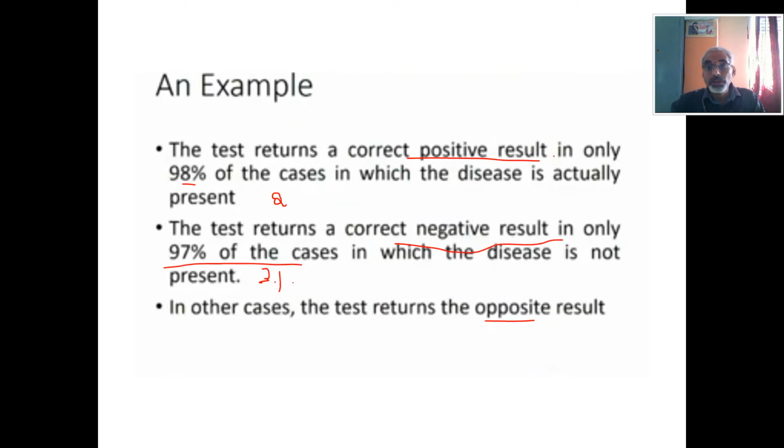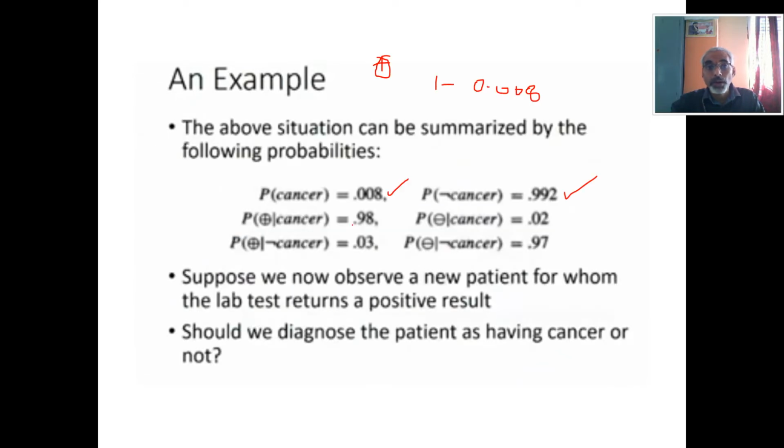The correct positive result is 98%. 98% means 0.98. So, the probability of positive result given that he is suffering from cancer is 0.98. Then how much is the opposite? The probability of minus circle given that he is having cancer is 0.02. 1 minus 0.98 is 0.02. Already we have discussed.